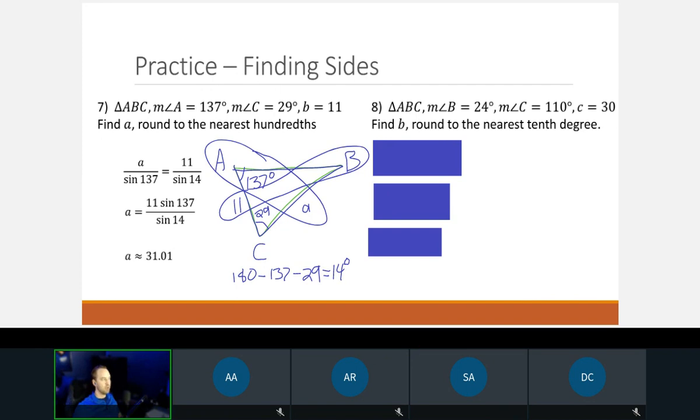No. However you draw it, as long as you have a triangle, it doesn't matter what the triangle looks like. As long as you have a triangle, it doesn't matter which angles you call A, B, and C. Now, what you're drawing is not to scale. So whatever you draw, you can't trust the way it looks. You can't say, oh, I drew my triangle this way, so my angle looks like 12.5 degrees, so there's my answer. You can't do that.